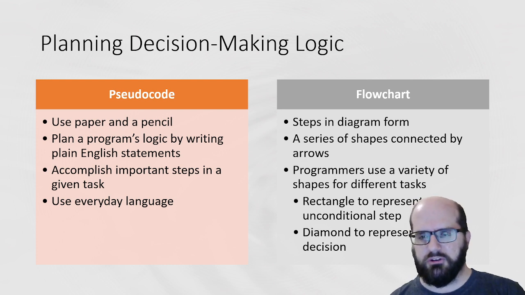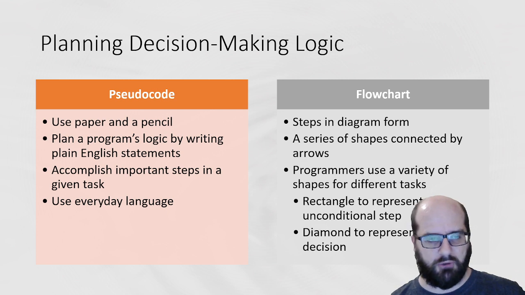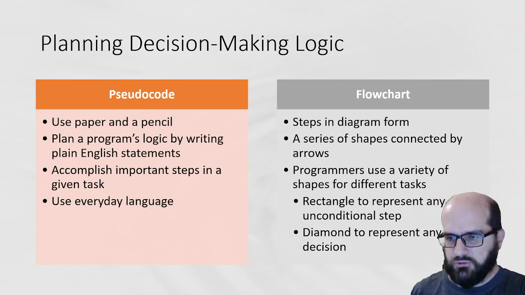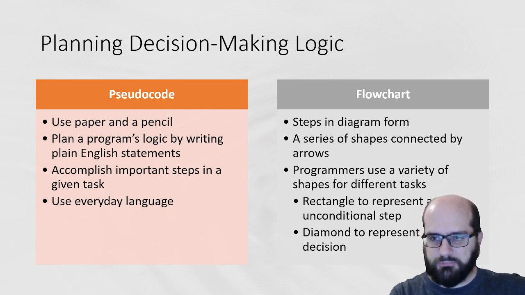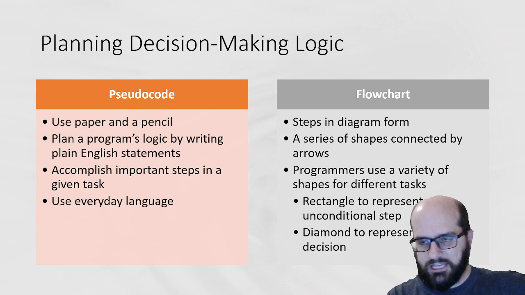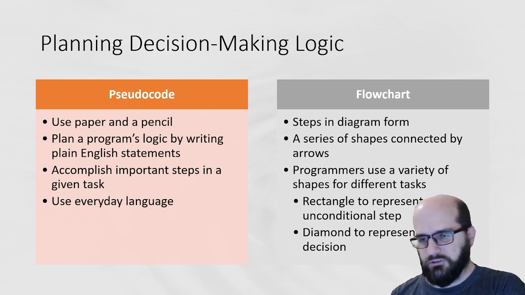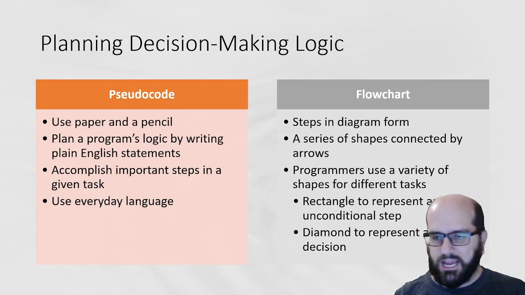The first thing you want to do is plan out your logic, and one of the ways of doing that is simply by writing pseudocode. You take out what you're going to do. I need to brush my teeth, for example, and I will write down all the steps of that process. I need to go to the bathroom, turn on the faucet, get the toothbrush and the toothpaste, and basically you break every step down.